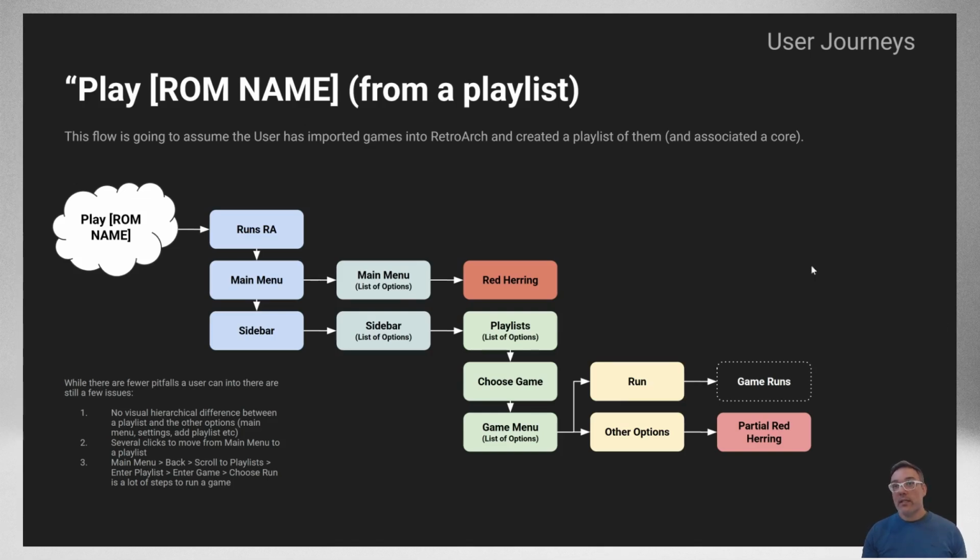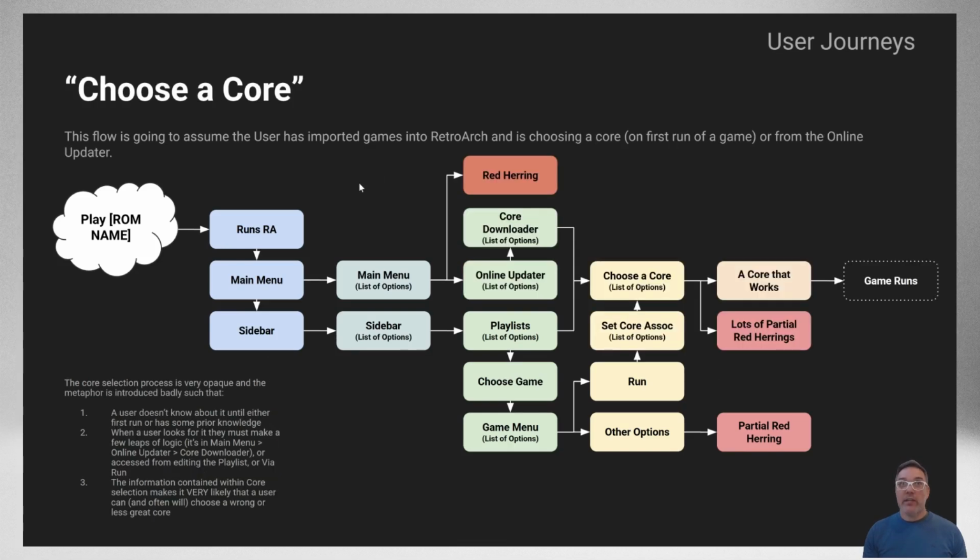So as we can see here, this flow kind of summarizes a lot of that. And then the final flow that I've done is the choose core one, because it's likely also one that users are going to see a lot, because RetroArch doesn't automatically, as far as I'm aware, choose any cores for the user, so they have to get presented with that.